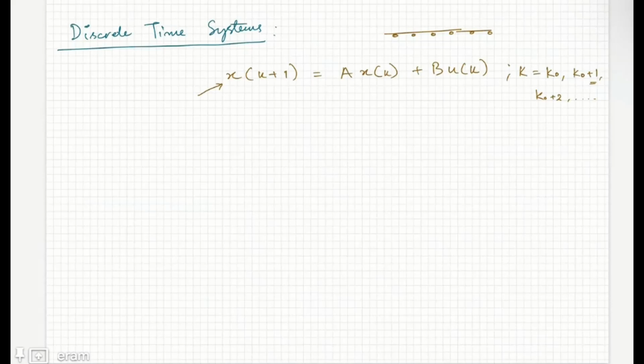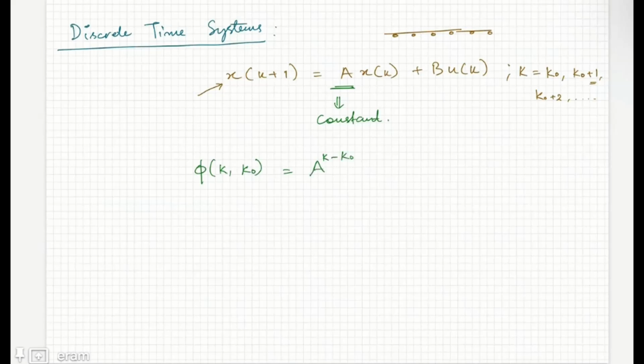Now if we have the system in discrete form, then what about its state transition matrix? The state transition matrix should also satisfy the properties that we had for continuous systems. For this system where A is a constant matrix, the state transition matrix is very simple to design, and you can derive this by induction.